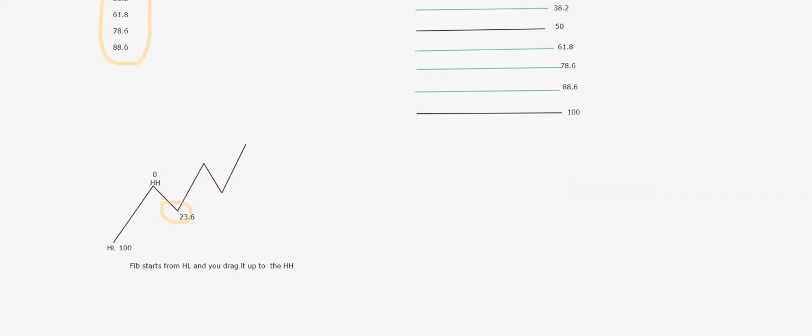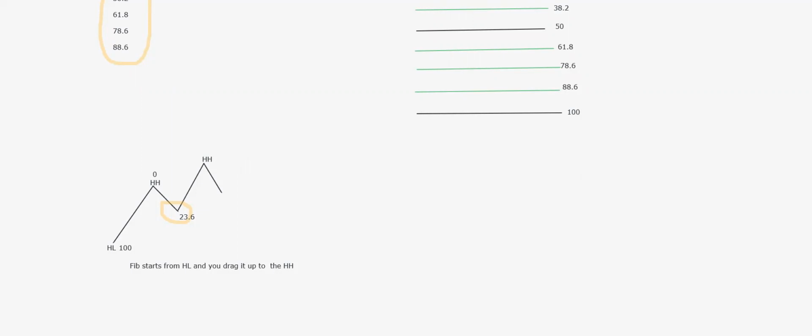That doesn't mean that this 23.6 area is a high low, right? Because what can happen is, if price did create a high, all we're doing is, the fib's 100% is still at the high low.